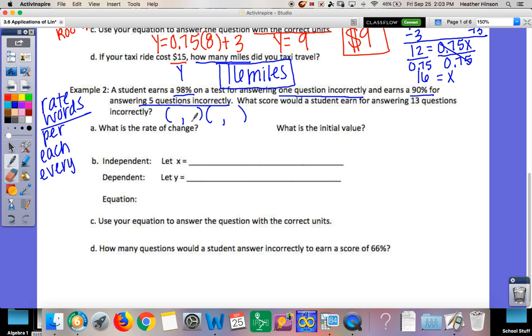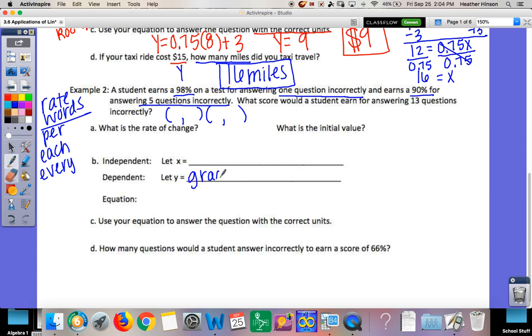Now, to do this, we need to know what independent and dependent are. So we have questions and we have the grade. Which one depends on the other? Which one changes because of the other? Well, your grade is going to change because you get questions wrong. So your grade depends on the questions you get wrong.